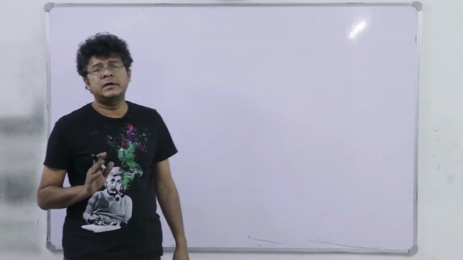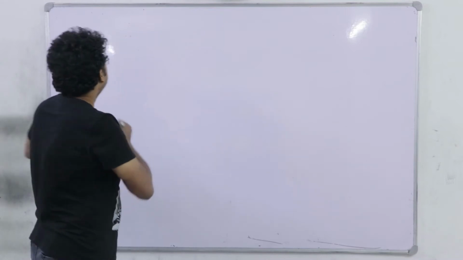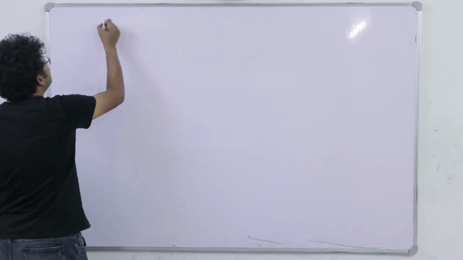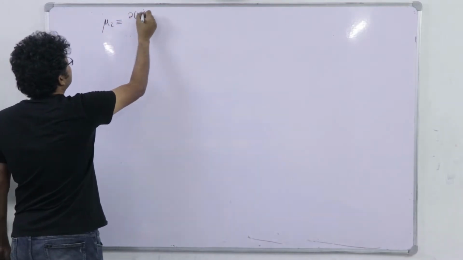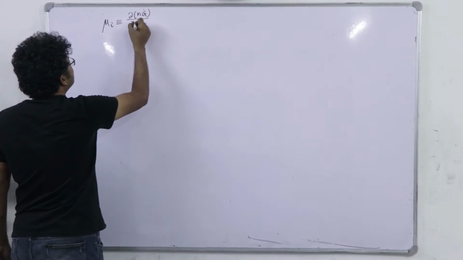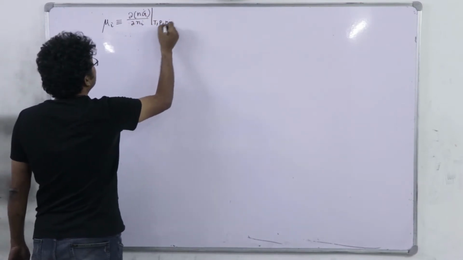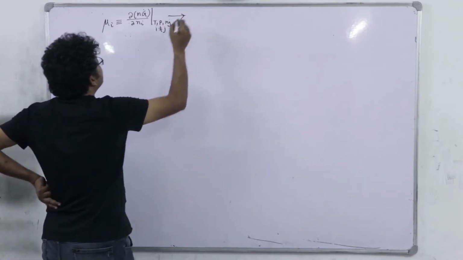So, in the previous session we have discussed the chemical potential. See what we have defined. We have defined chemical potential in terms of Gibbs energy. So, what does it mean?